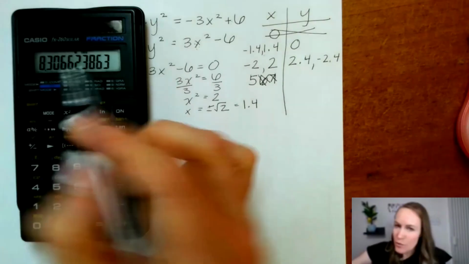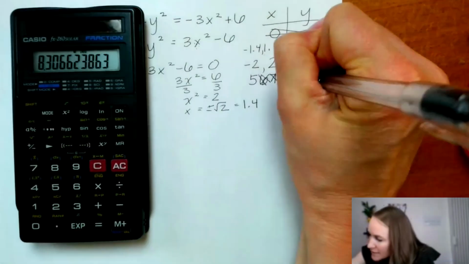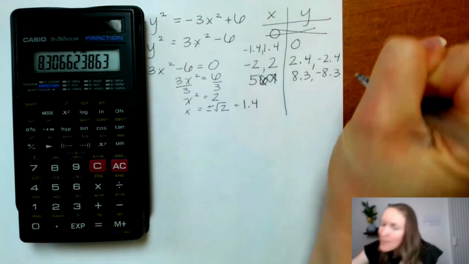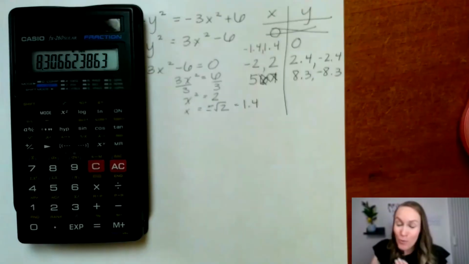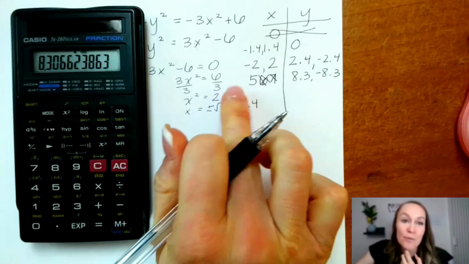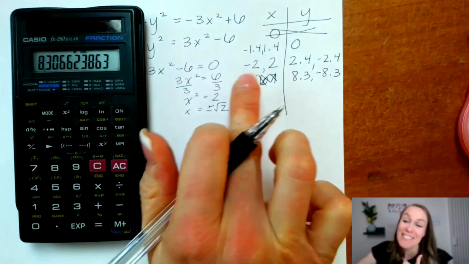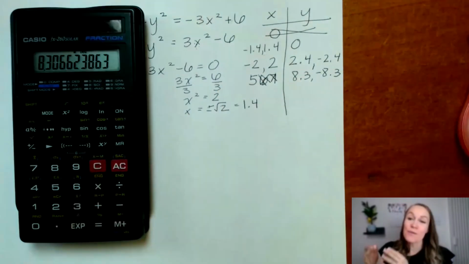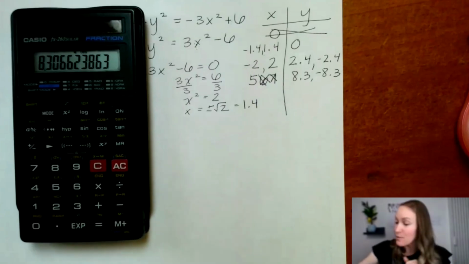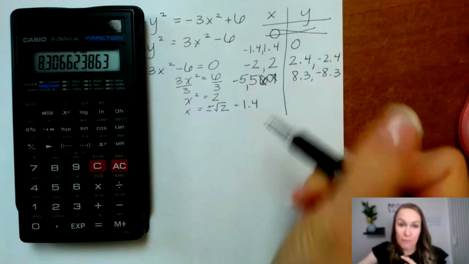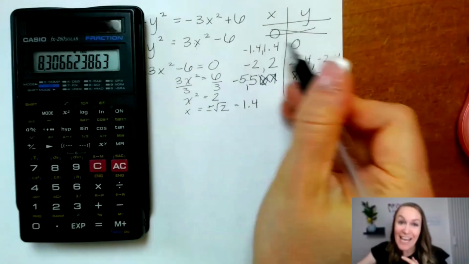So 8.3. So I have to take the positive case and the negative case. But wait, there's more because I'm plugging into x squared. So the negative value is going to give me exactly what the positive value gave me. So I have negative 5. All right, so now I have 4, 8, 10 points.